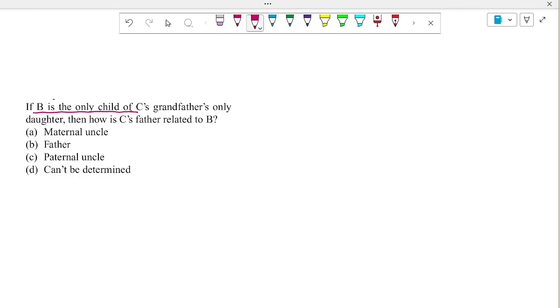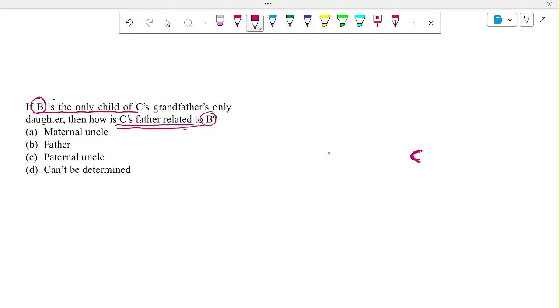B is the only child of C's, so I'll write C here. Grandfather's only daughter. How is C's father related to B? We are discussing this B and this C's father.